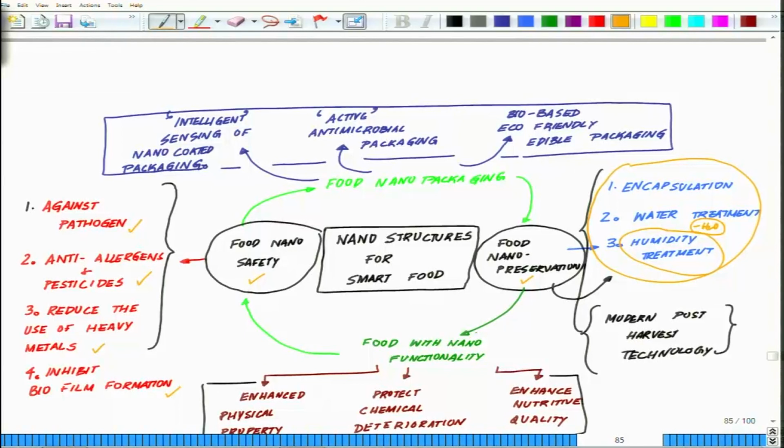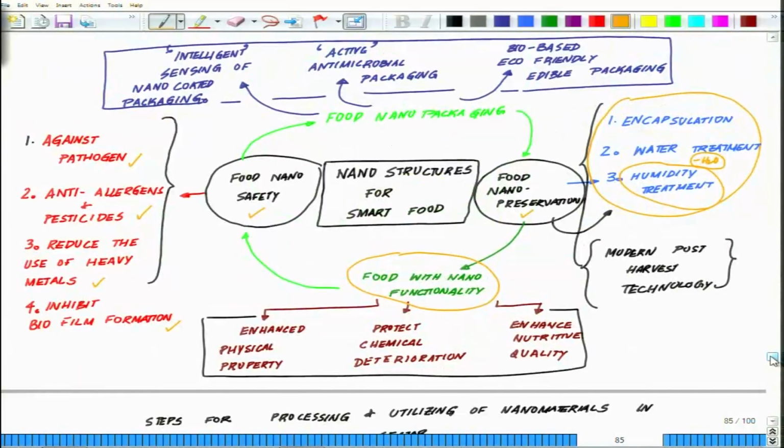And food with nano functionalities, when we talked about enhanced physical property, protection from chemical deterioration, enhanced nutritional quality, and in terms of food nano packaging, we talked about intelligent sensing of nano coated packaging, active antimicrobial packaging, bio based eco friendly edible packaging.